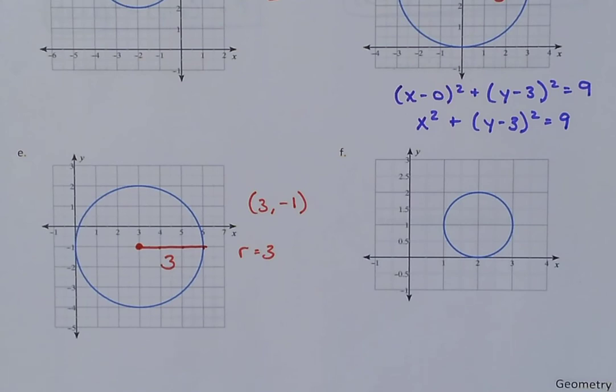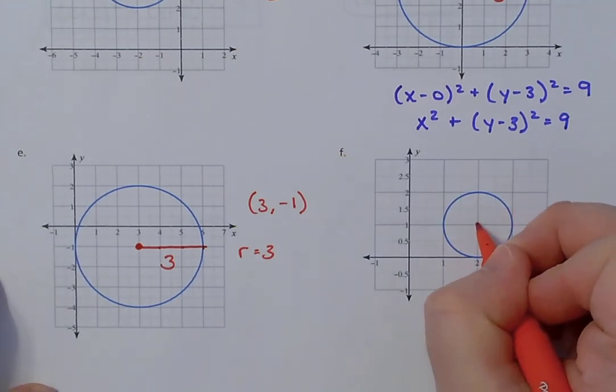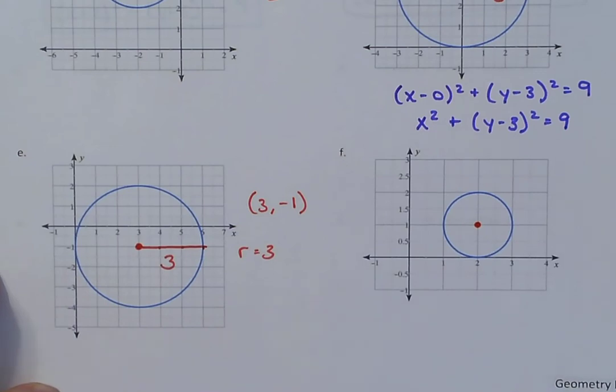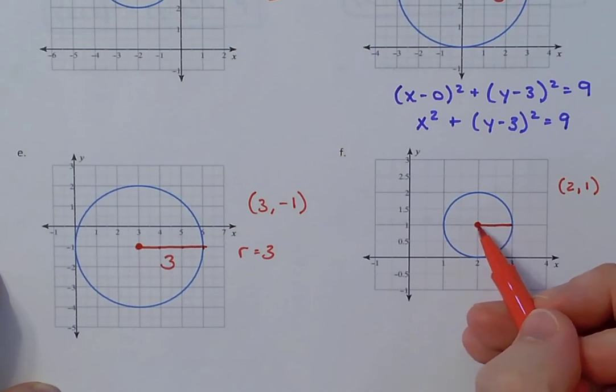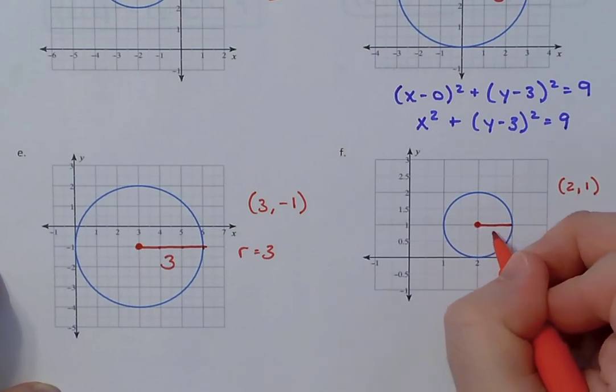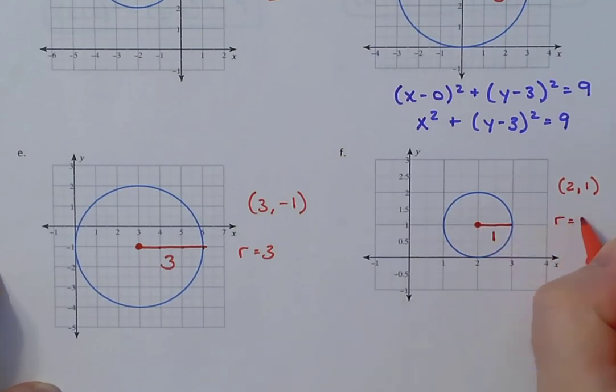And then for our last problem, for F, our center of our circle is going to be right there, which is at (2, 1). And then the radius, it's just going to be over 1. So it means our radius is 1.